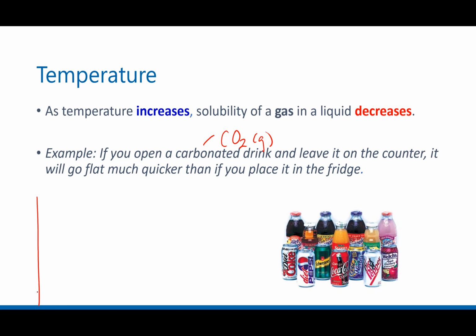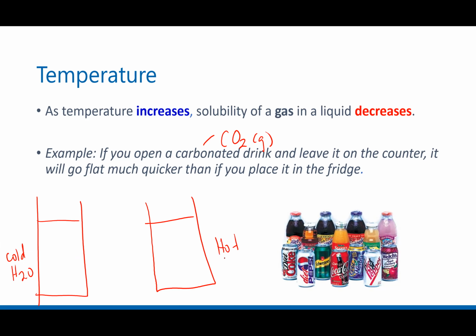So just imagine you have two glasses of water in front of you, in one we have cold H2O, and in the other we'll have hot H2O. And in that water, I have CO2 molecules dissolved.